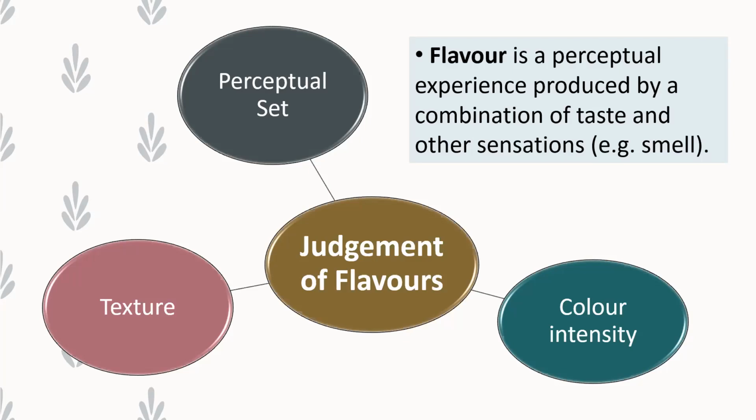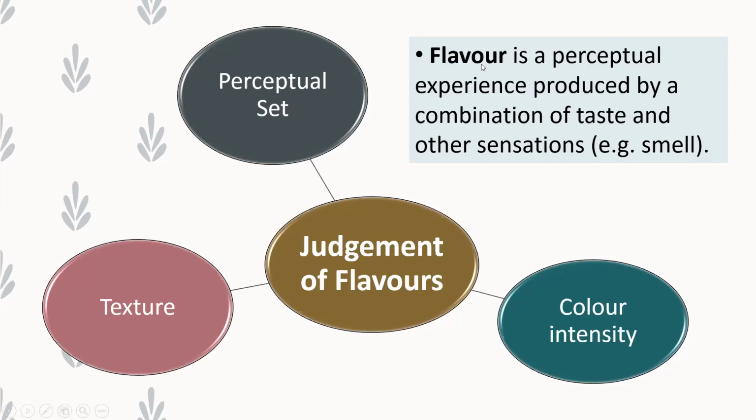Is she making something savory? If I see you eating a packet of chips, I will be able to tell you that those chips are definitely not chewy. They should be crispy. They should be crunchy. I should be able to give you that understanding of texture. So I don't have to personally eat something in order to judge the flavor of that food. Okay, so that's essentially what flavor is.